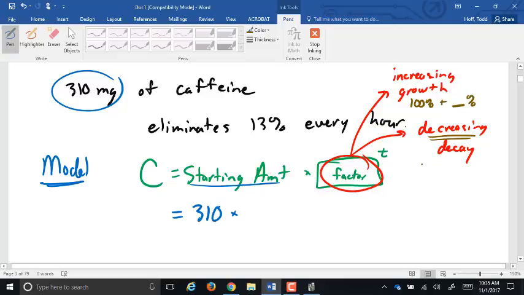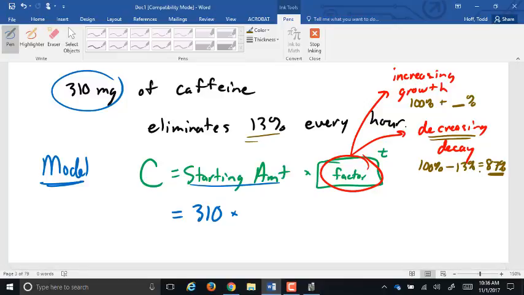Being that it's a decay problem, we're going to take 100% and we're going to do what to it? Subtract. And what percent is given in the problem here? 13%. So what that means is at the end of every hour, 87% of the caffeine is going to be remaining in the bloodstream. That's 87% of whatever was there at the beginning of each hour.